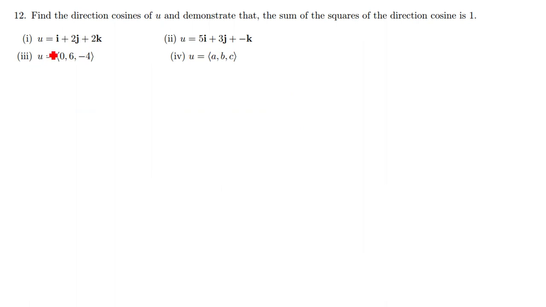So the first thing that we can do is to find the magnitude of u. The magnitude of u is simply the square root of 1 squared plus 2 squared plus 2 squared. All these are supposed to be in brackets in case there is one which is negative.